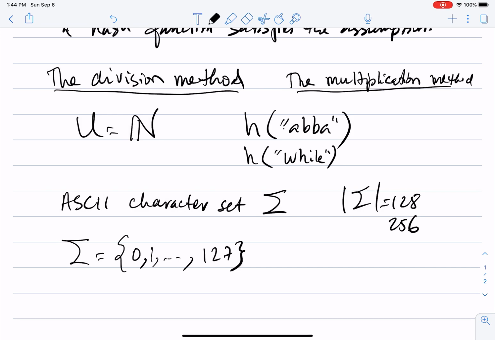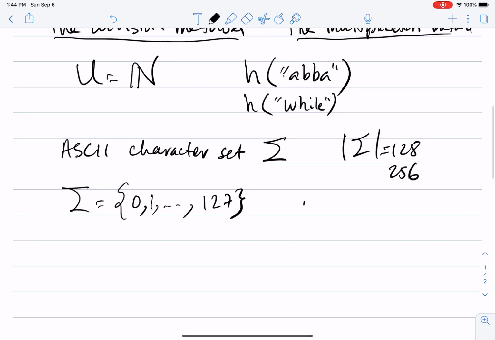Now if you give me a string W from this alphabet, W in sigma star, it means this is a string whose letters are one of these ASCII codes 0 through 127. Now I can interpret this as a number as follows.